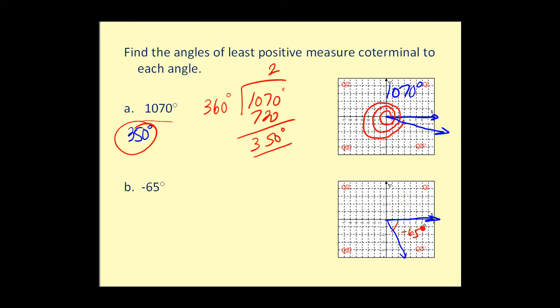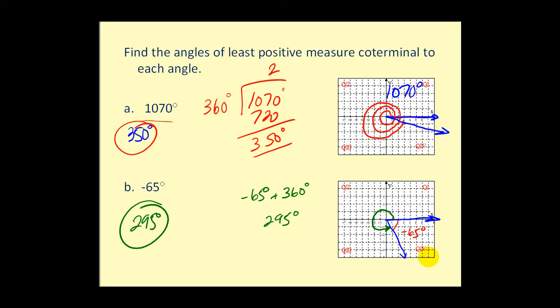And the least positive coterminal angle would be this angle here. What we can do is start with the initial angle of negative 65 degrees and add another revolution counterclockwise, which would give us 295 degrees, which is the least positive coterminal angle to negative 65.